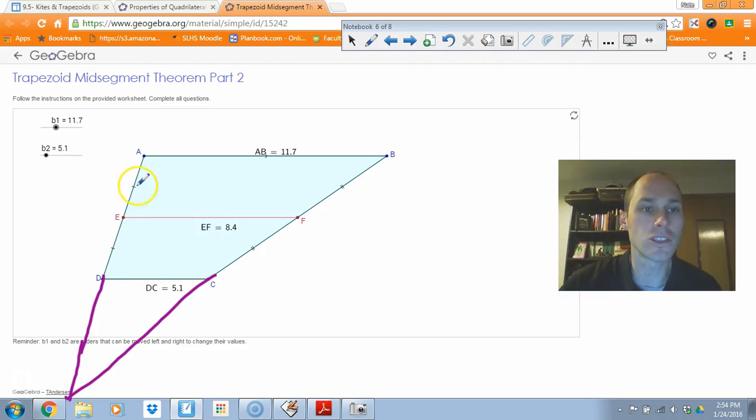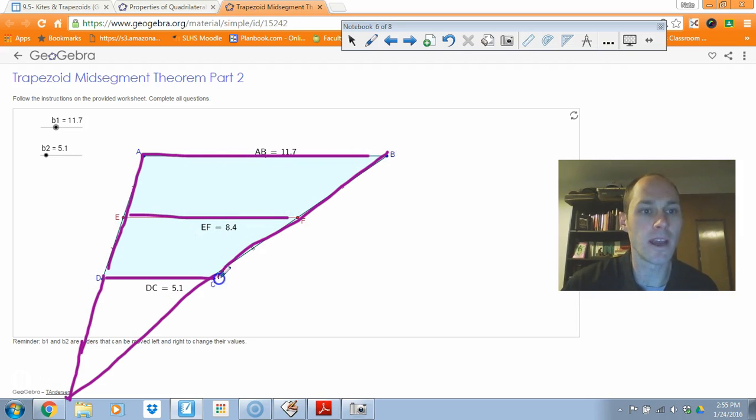And if it's proportional, remember we talked about the side splitter theorem, that if we split the sides proportionally, so this side is split in half, and this side is split in half, we see that these are just split down that same way. So the trapezoid mid-segment theorem shows that this line will be parallel to the other two base sides, and it's going to be the average of the two base sides of the trapezoid.